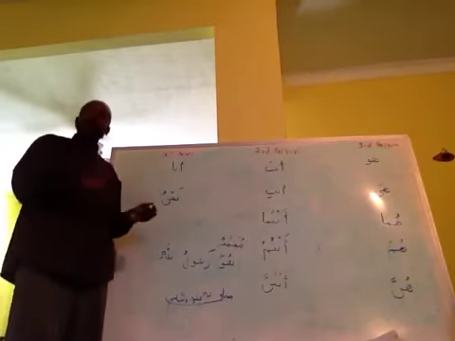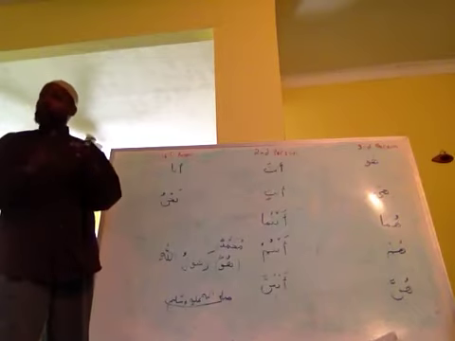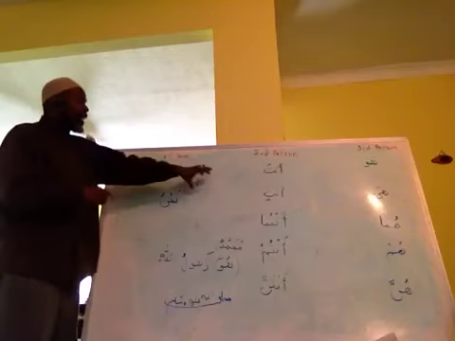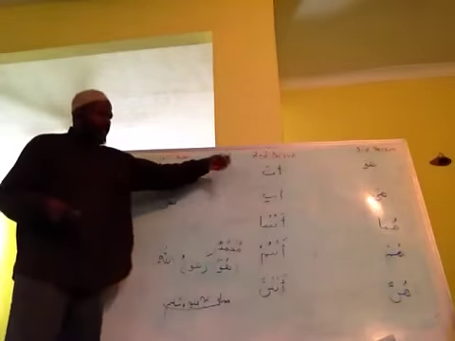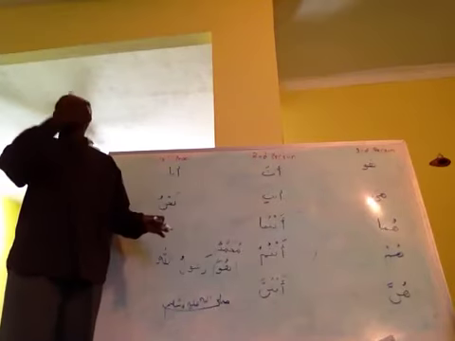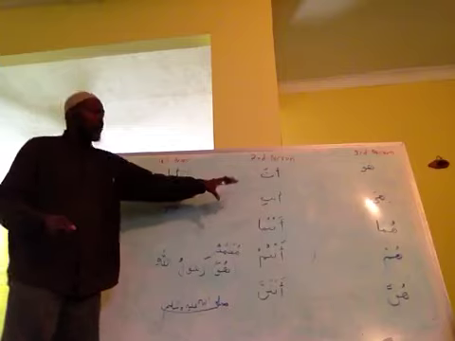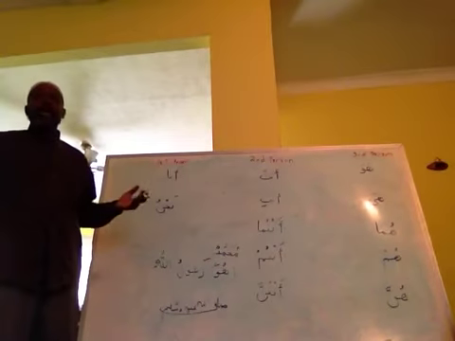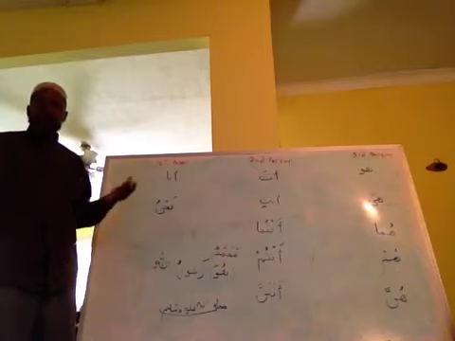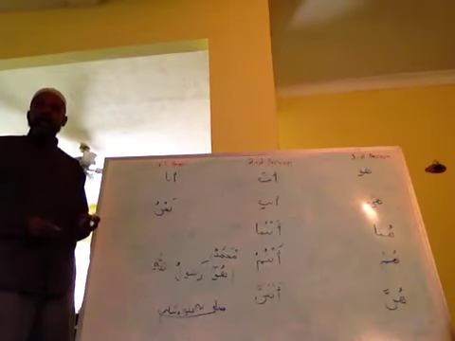We know we can also have a pronoun that can be used with nasb or jar, but it's not these. Hopefully we get into that today, where our attached pronouns come into play. These pronouns are unattached. So once it's used, you know it's really being used as the mubtada. It's taking the place of it.